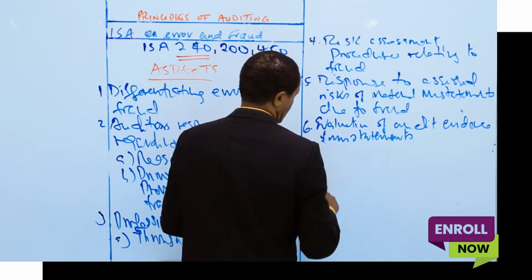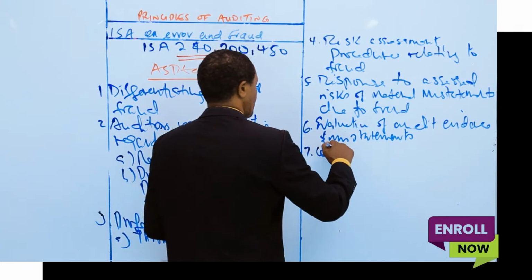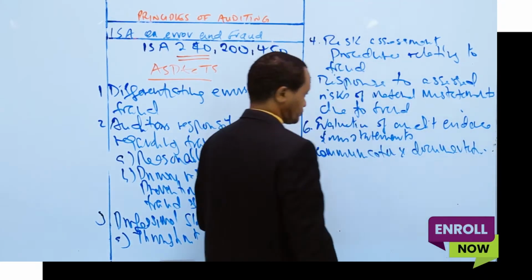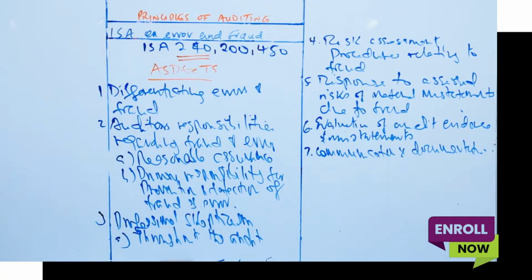Seven, we have communication and documentation. The auditor here must communicate identified fraud on a timely basis to the appropriate level of management.